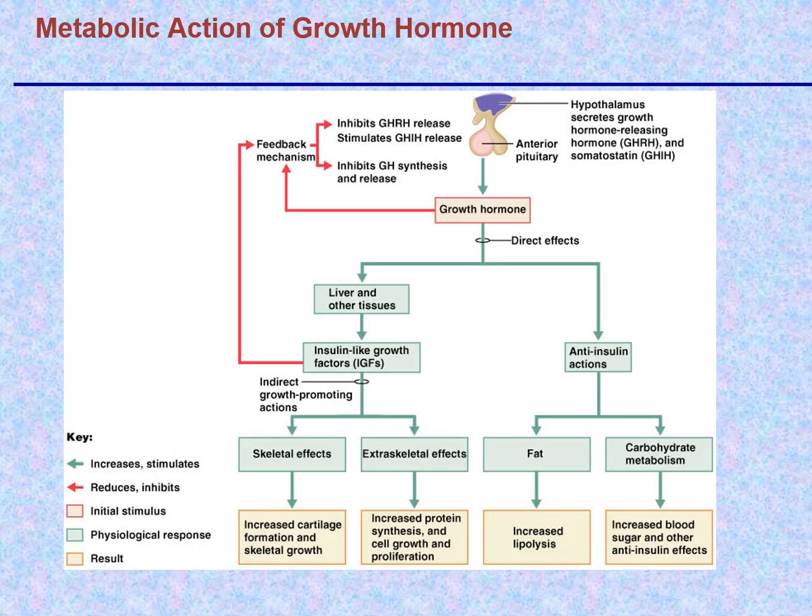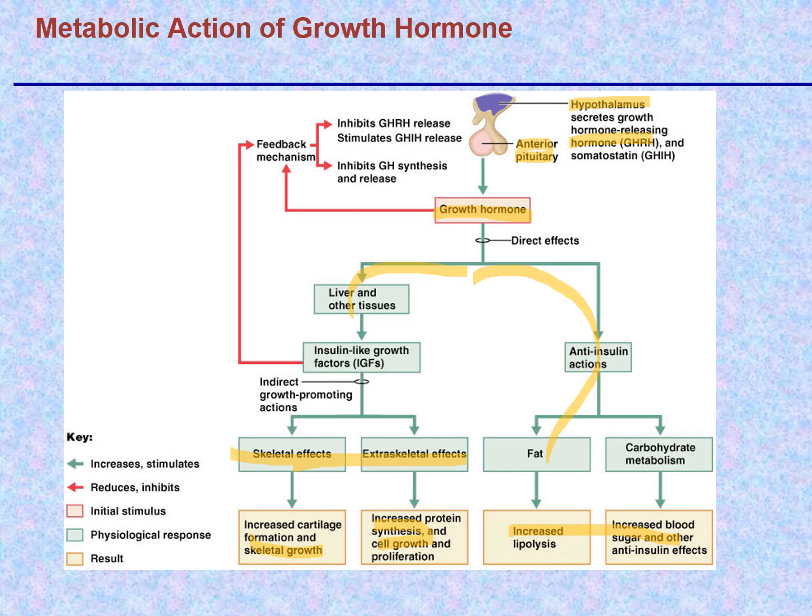It has quite a few different metabolic effects, but essentially it's acting as a stimulator of growth. Now here you see a diagram showing a flow chart of the effects of growth hormone. So when the hypothalamus is releasing growth hormone releasing hormone, then the anterior lobe will start producing that growth hormone, which has effects on liver tissue and also fat tissue, and in general causes growth of muscle and bone, skeletal growth, and protein synthesis, cell growth in the muscles particularly, and has other metabolic effects.